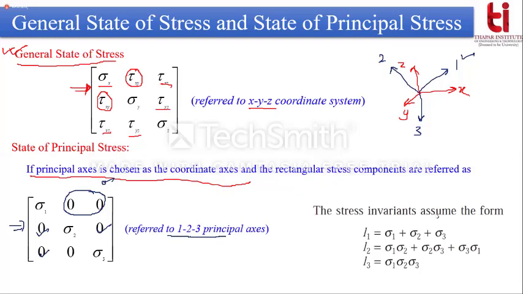This will be referred to the 1 2 3 principal axis, and obviously one can write the stress invariants in the form of I1 as sigma 1 plus sigma 2 plus sigma 3, I2 as the cofactor sum, which on solving gives a simple expression, and the determinant I3, that is sigma 1 multiplied by sigma 2 multiplied by sigma 3. So you can write the stress invariants corresponding to each state, and we know that whatever I1, I2, I3 we get in the general state will be equal to I1, I2, I3 referred to the principal state, or state of principal stress, right?